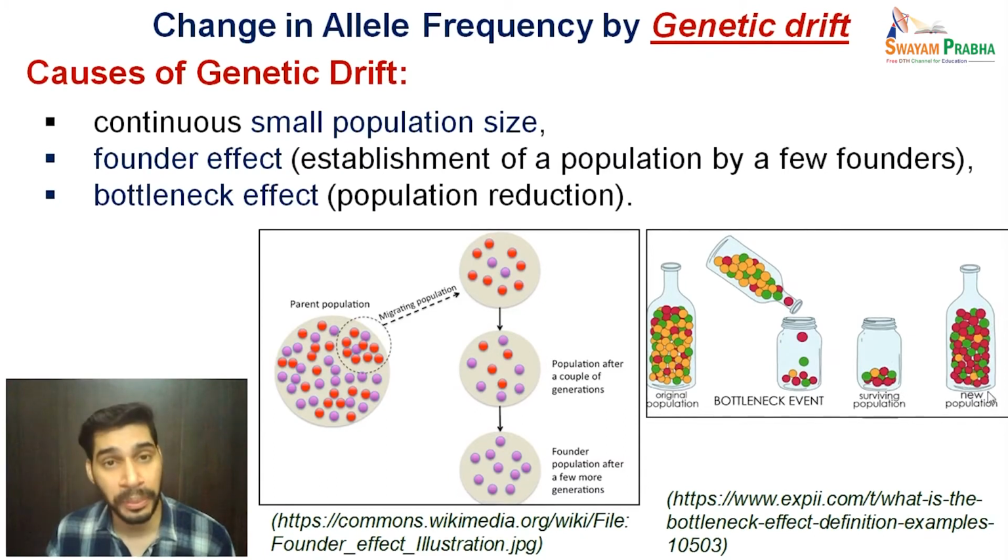So this new population arises from these few surviving individuals which have come through the bottleneck. It does not represent the original population, but solely depends on the individuals which have come through the bottleneck, and the same is the case with the founder effect. So these two cause genetic drift along with small population size.